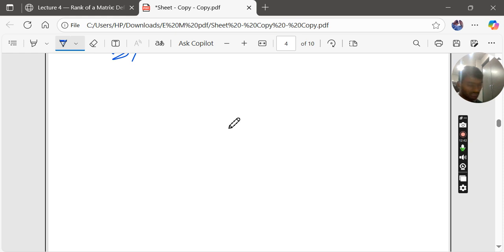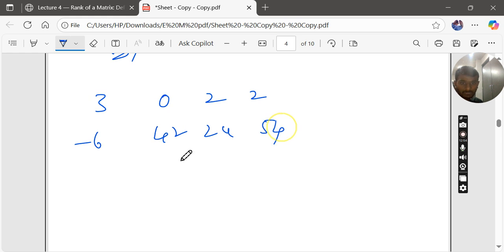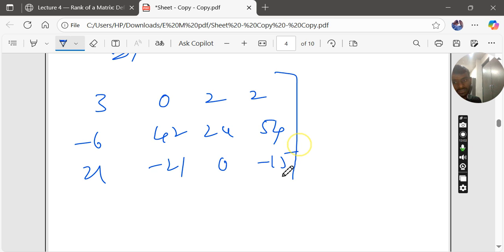Okay. We will see one more example. Let's say we are having the matrix 3, 0, 2, 2, minus 6, 42, 24, 54, and 21, minus 21, and 0, minus 15. Now what I will do is, maximum I will try to apply column operations here. Why? Because here it is a multiple of 3, here a multiple of 21, and here a multiple of 2.